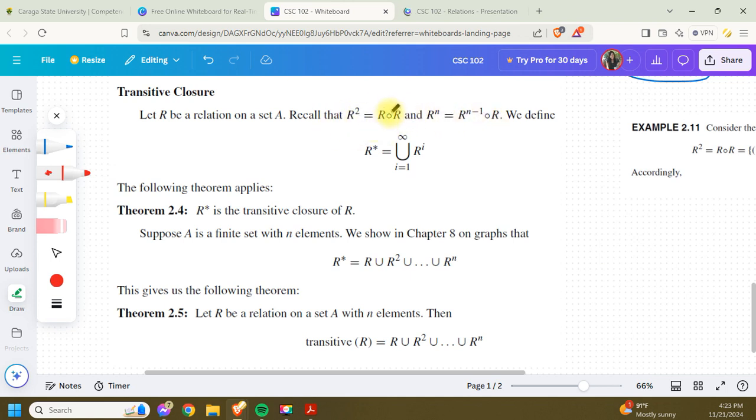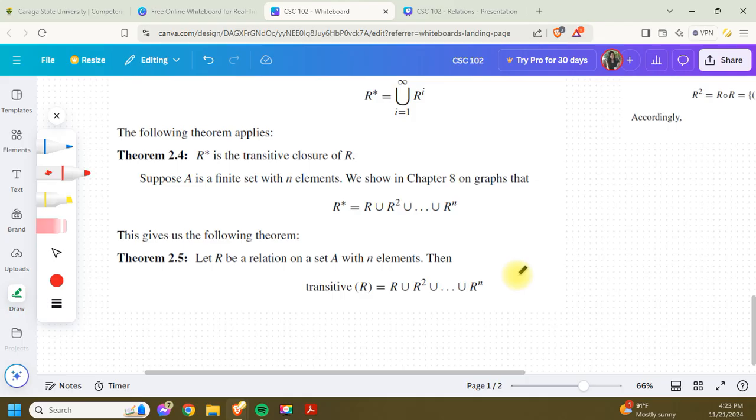We have R2. Of course, it is the same as R multiplied by R. And also the same with Rn, which is n times R. So R2 is still Rn. So if you multiply that, it is just math.